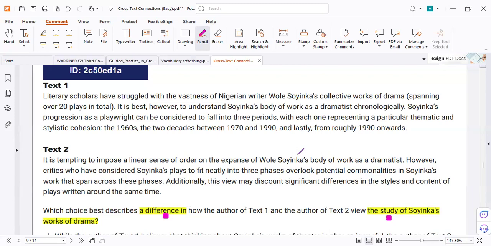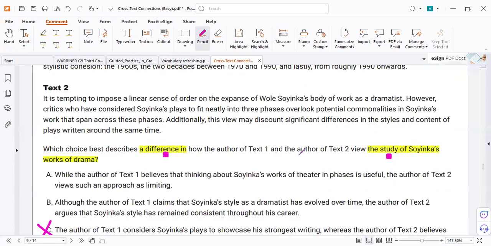A is the correct answer. He said yes, his works were useful. But the problem is the evidence in text two, how the author of text two views such an approach as limiting. So A said the works are useful, but the second one said it's limiting.